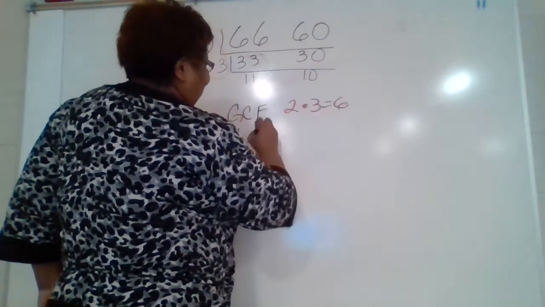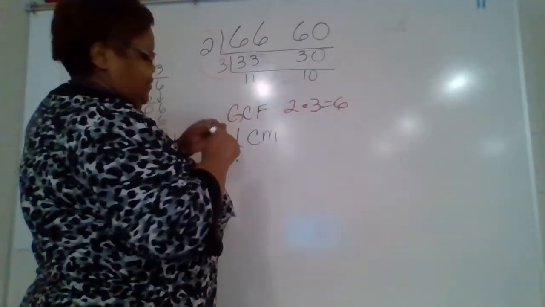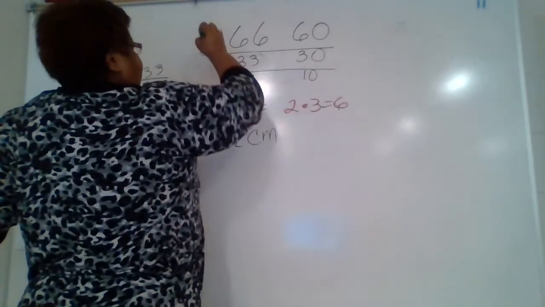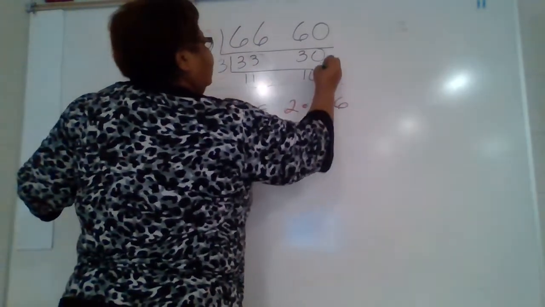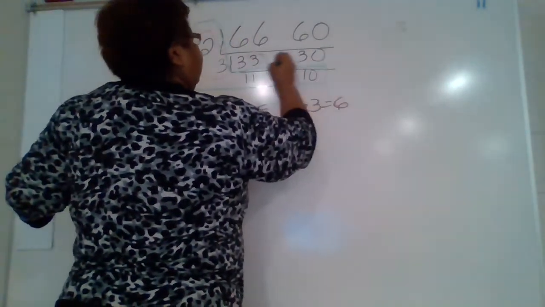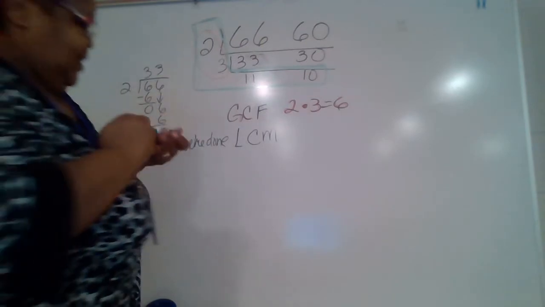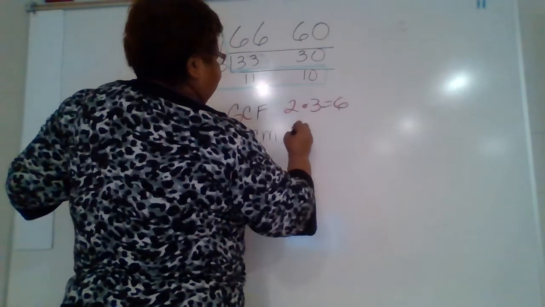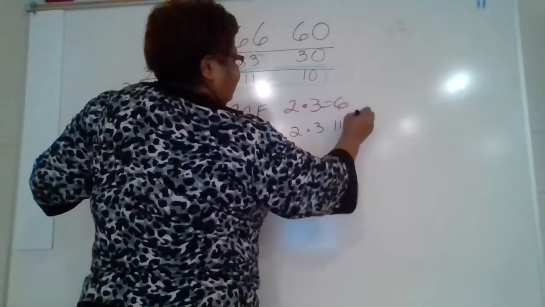Okay, now let's look at our least common multiple. Now, least common multiple is a little different, but not much. When I think of least common multiple, see that starts with that L? We want to do this L right here. And what I'm going to do in that L is multiply all these numbers. So 2 times 3 times 11 times 10.